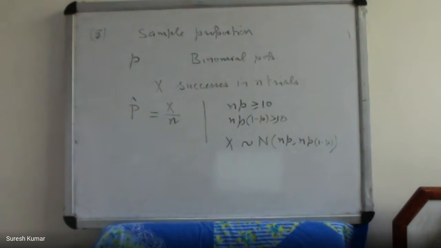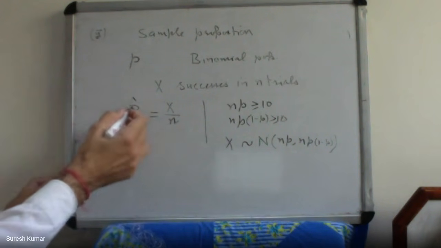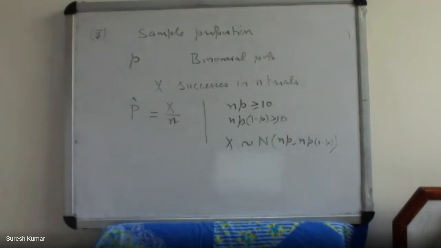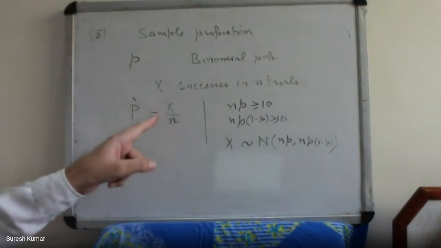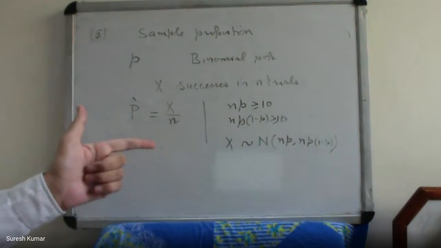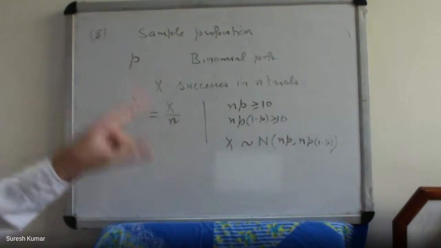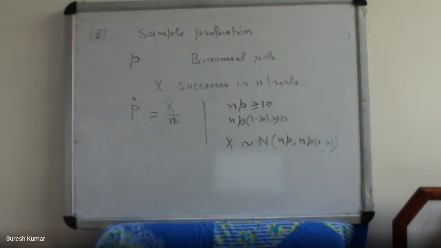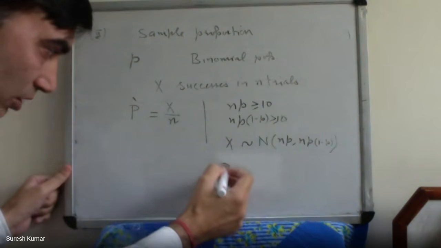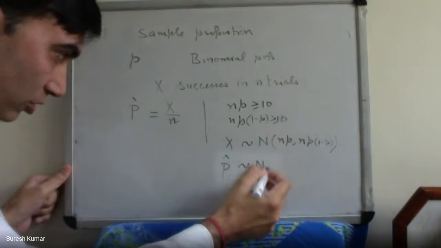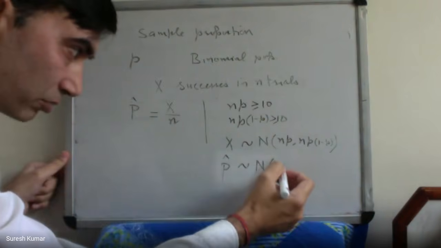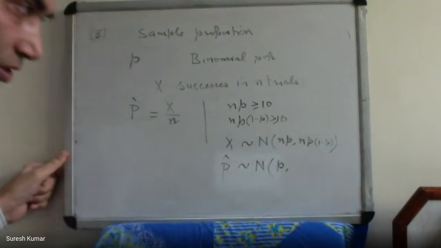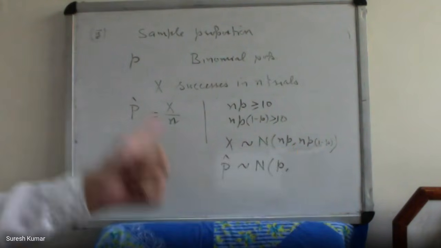Now, from this information, let's think about the distribution of p cap. X is a normal random variable. X over n is simply a linear combination of x. 1 over n is a constant. So this is again a normal random variable. Means p cap also follows normal distribution with mean np over n, that means p, and variance np into 1 minus p over n square.